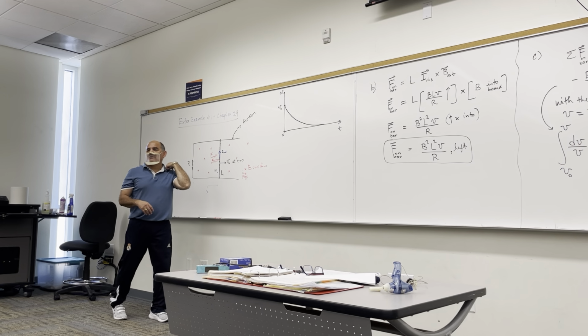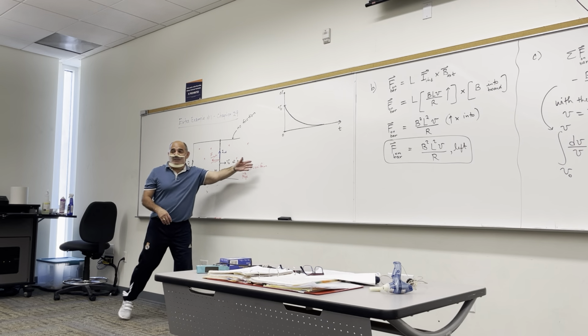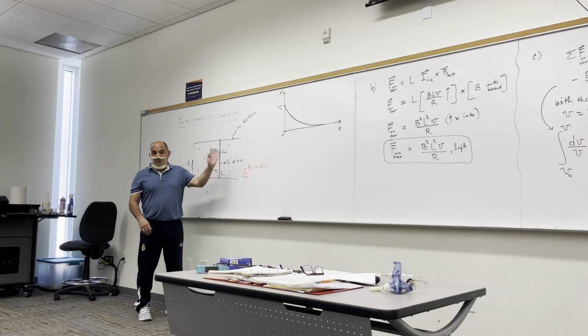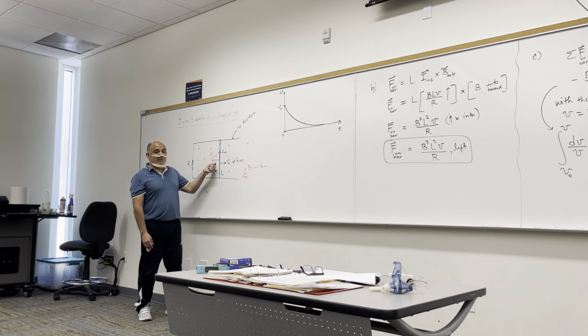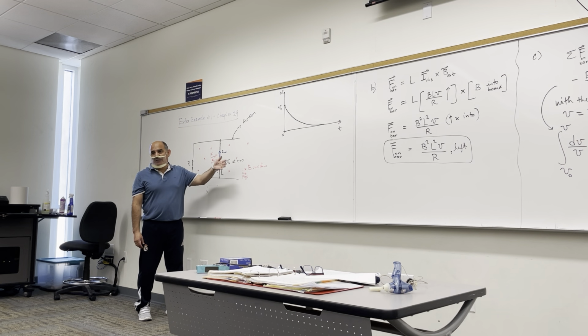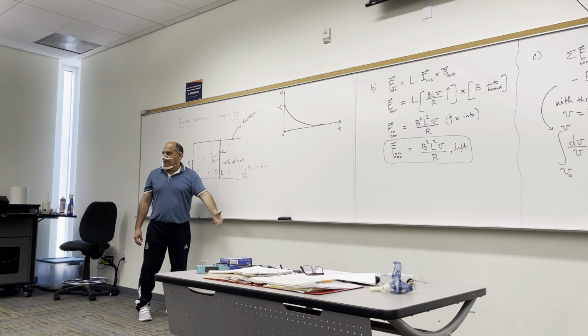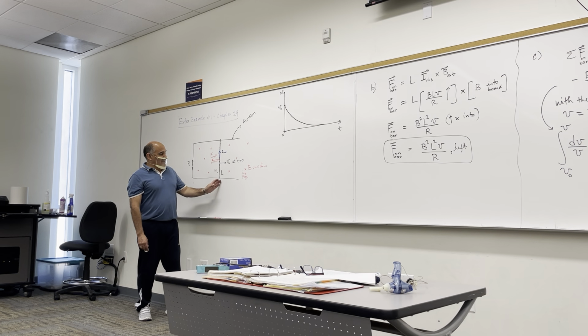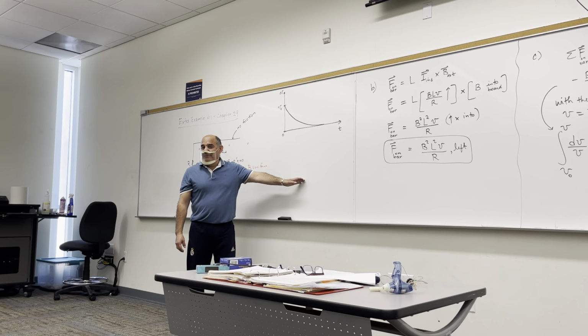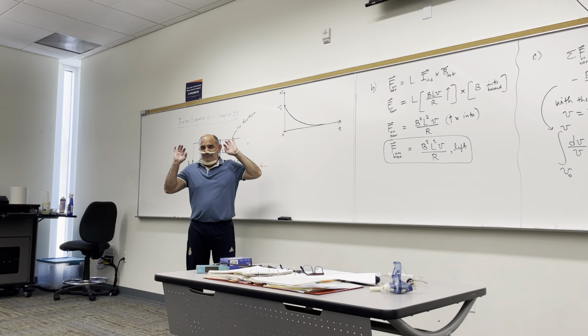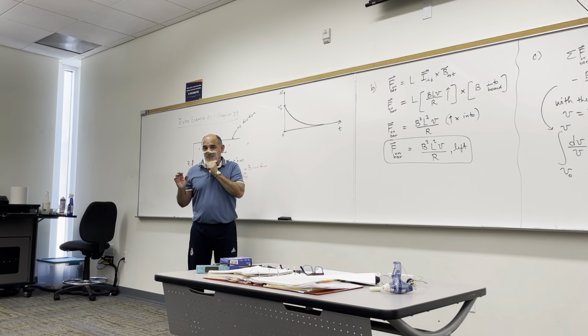But this thing is going to stop, because as soon as it moves to the right, it'll experience this force to the left to keep it from sliding to the right, so that it doesn't increase the magnetic flux through the loop. So eventually, if I wait a long time, it's going to stop.